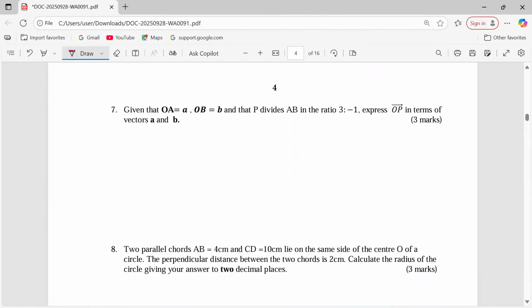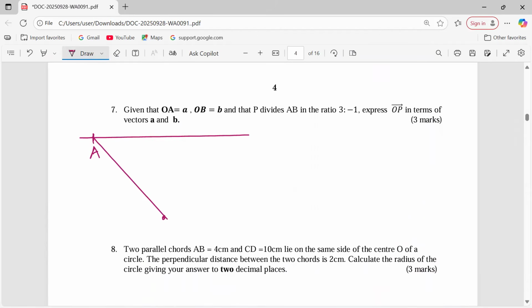7. Now, given that vector OA equals A, vector OB equals B, and that P divides AB in the ratio 3 is to negative 1, express OP in terms of vectors A and B. Let me first of all just sketch this information. These are collinear points. We have point A here, whereby the position is given as A. Assume we have our origin there.